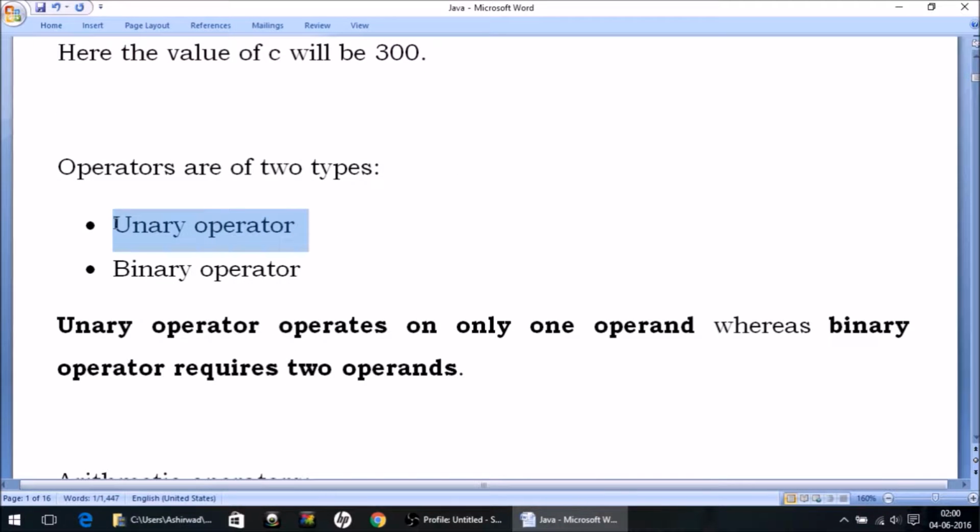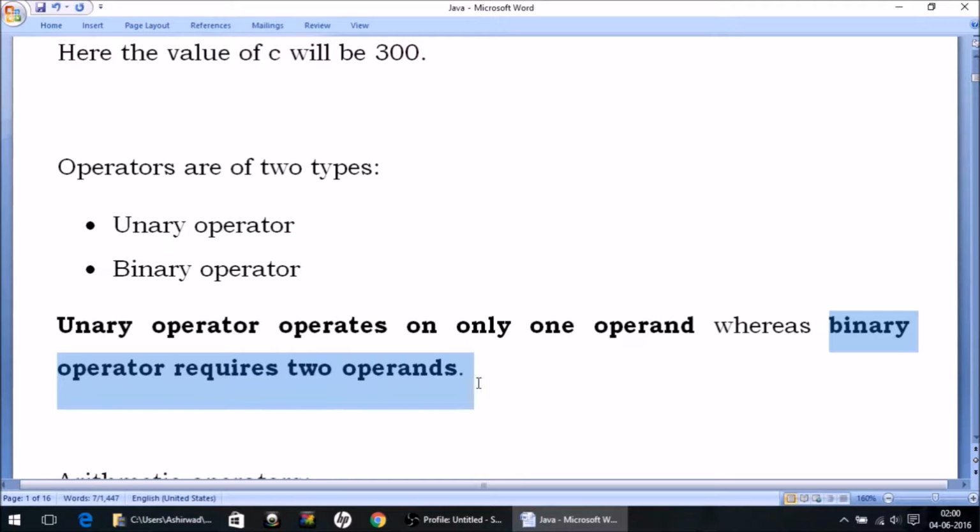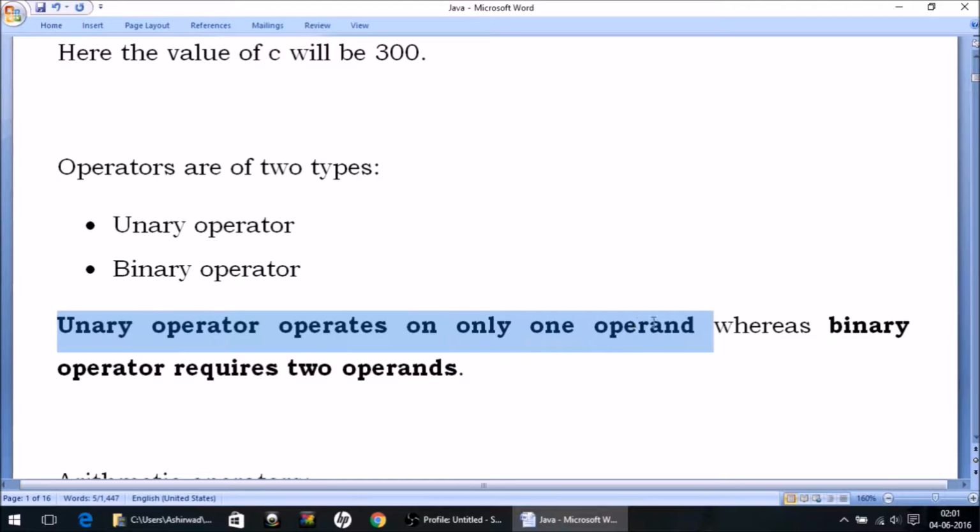There are 2 types of operators. One is called unary operator, the other one is called binary operator. Unary operator operates on only one operand, and binary operator operates on 2 operands. What do we mean by this? We just have to understand that we require only one operand for unary operators.